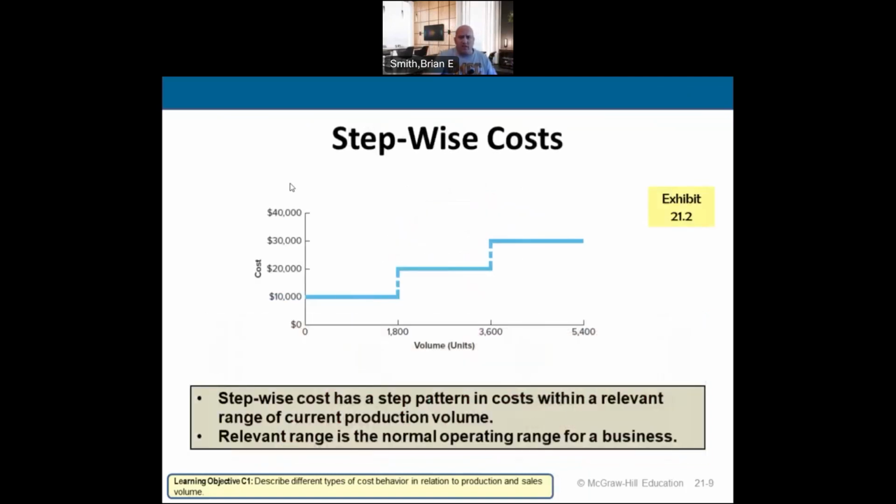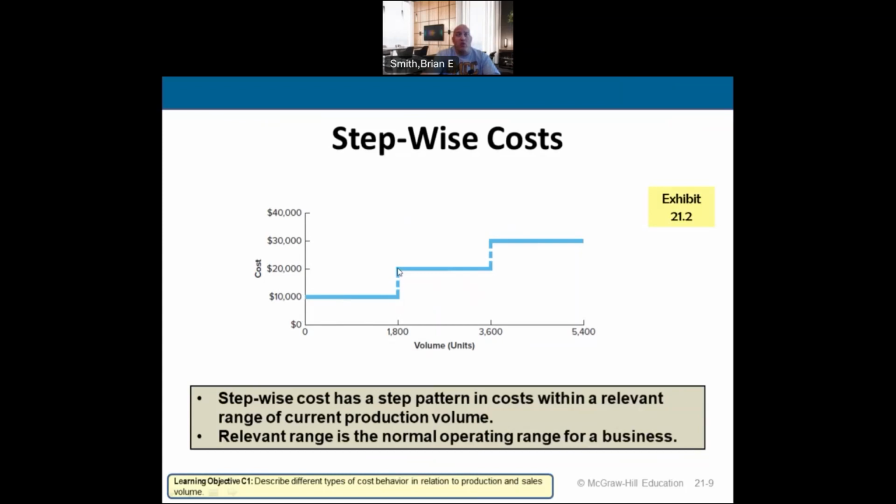Then we have a stepwise cost. Most of these are going to be your supervisors on the production line. A supervisor can only observe and supervise so many production lines and so many units. With the finite amount of time that a supervisor has, at some point that supervisor is unable to supervise more units being produced.